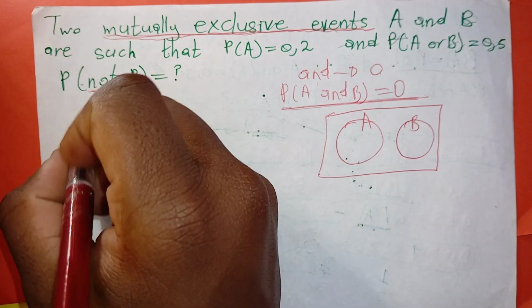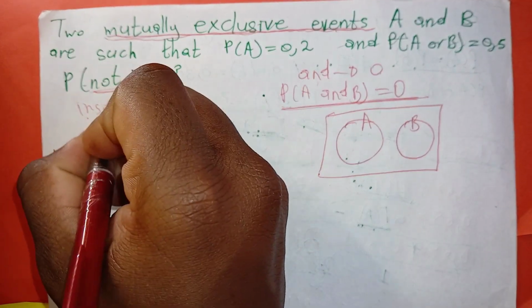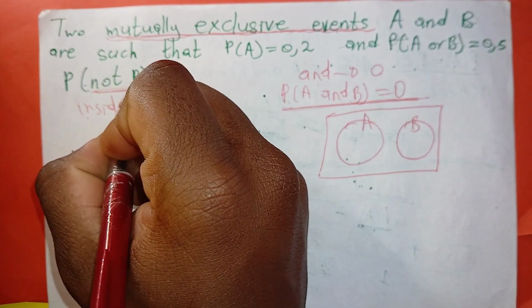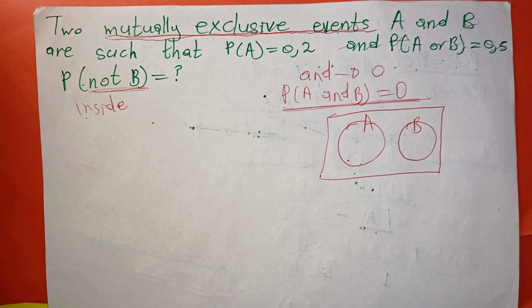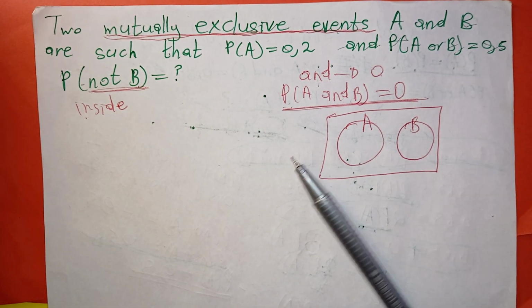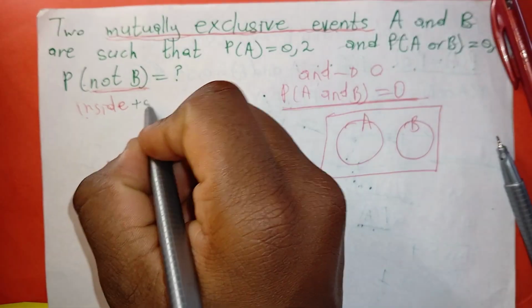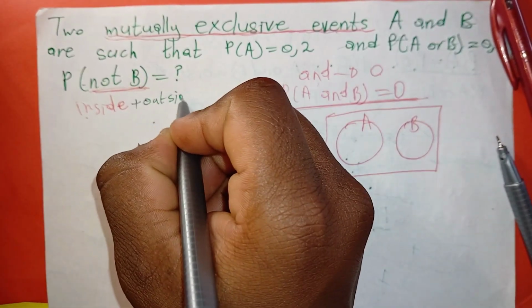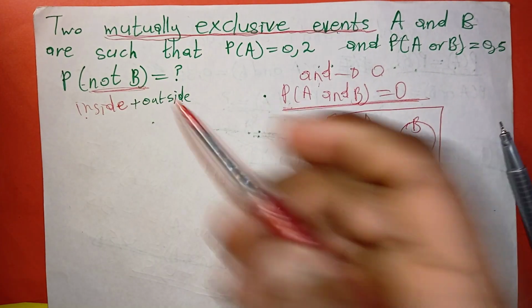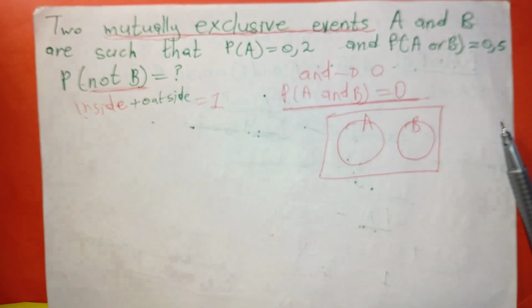And complementary events say that inside plus outside should give me 1.